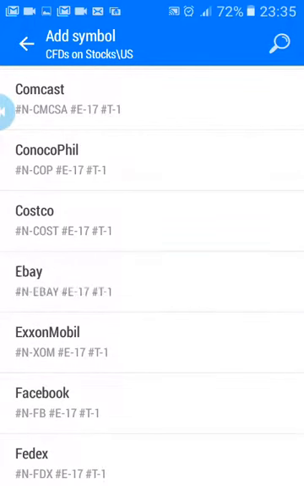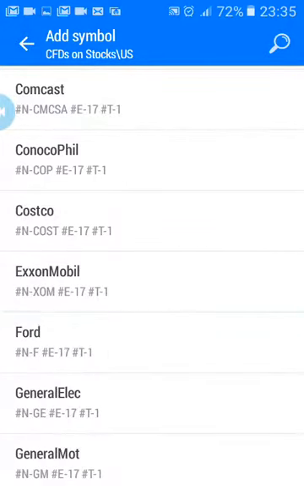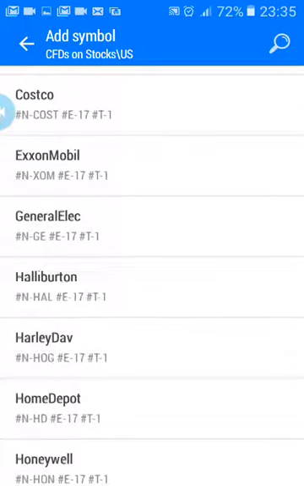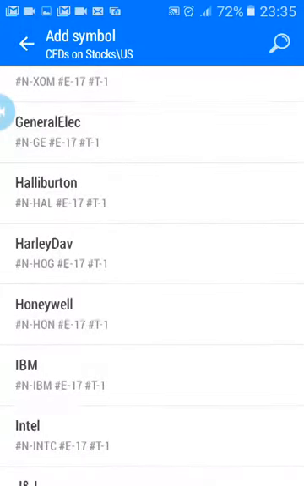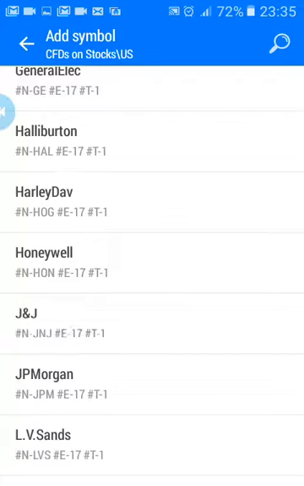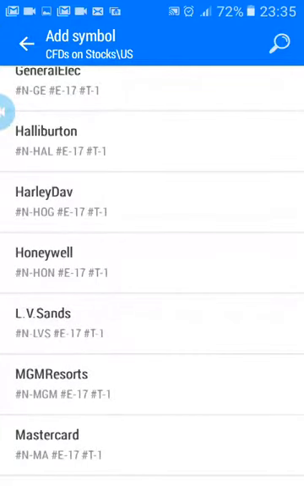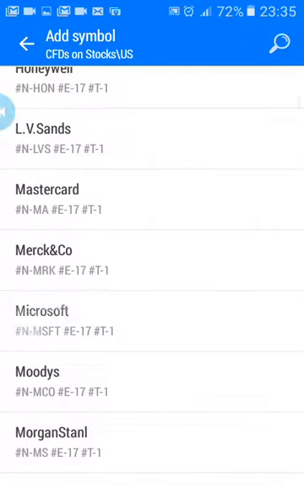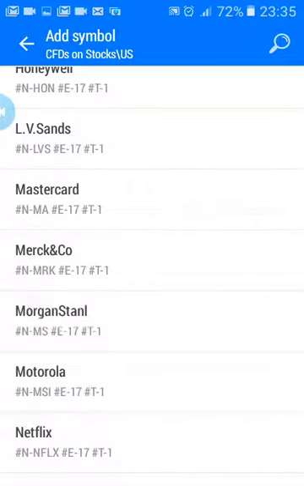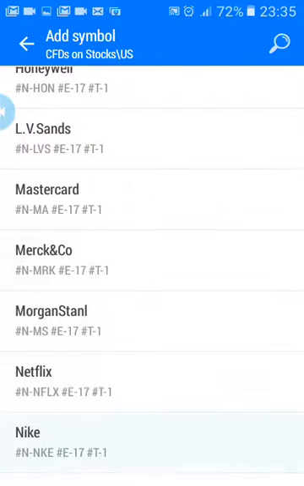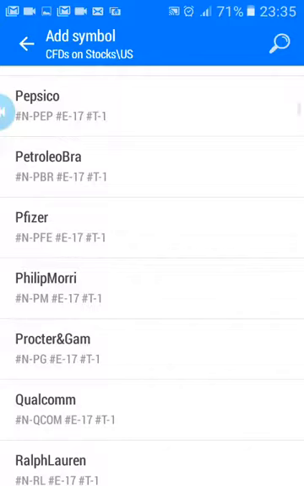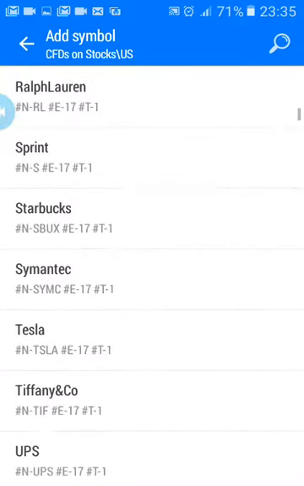Disney and eBay, Facebook and FedEx and Ford and General Motors and Goldman Sachs, Google, HP, Home Depot, IBM, Intel, J&J, JP Morgan, MGM Resorts, McDonald's, Microsoft, Moody's, Motorola, Nike. What I'm doing here is just loading the stocks that I'm usually trading.